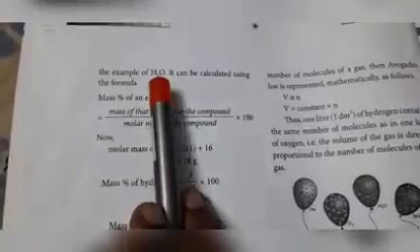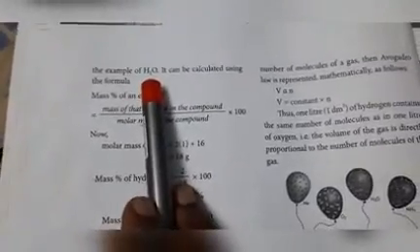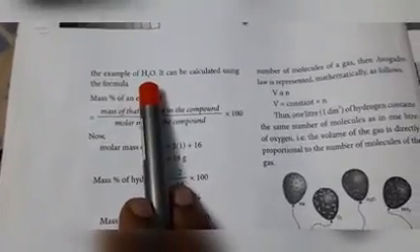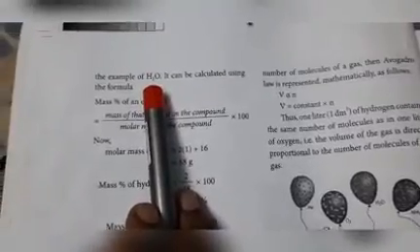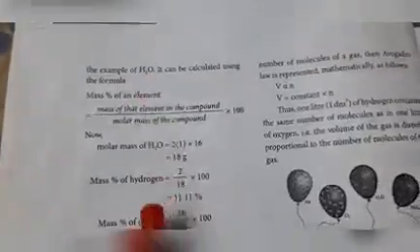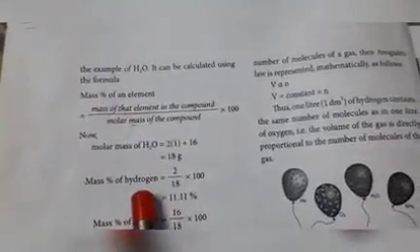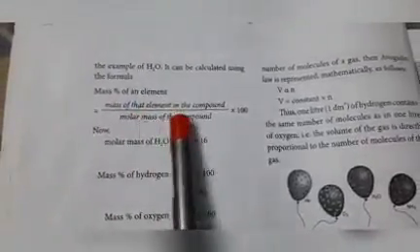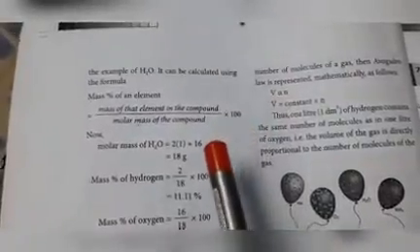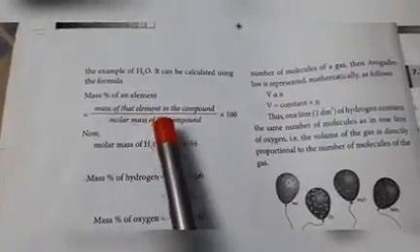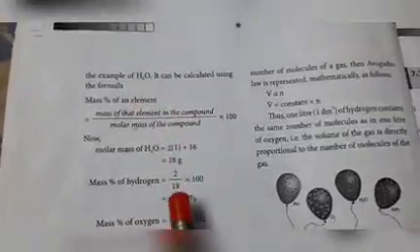H2O contains 2 hydrogen, for each hydrogen the mass is 1, so total is 2.